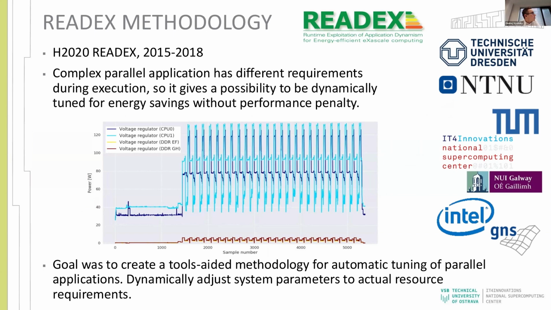More than 10 years ago, there was a Horizon 2020 project, READEX, building on this idea that we're supposed to split the application into those regions and identify the optimal configuration for each of them to reach the maximum savings. So not only the static tuning, but we call it dynamic tuning.